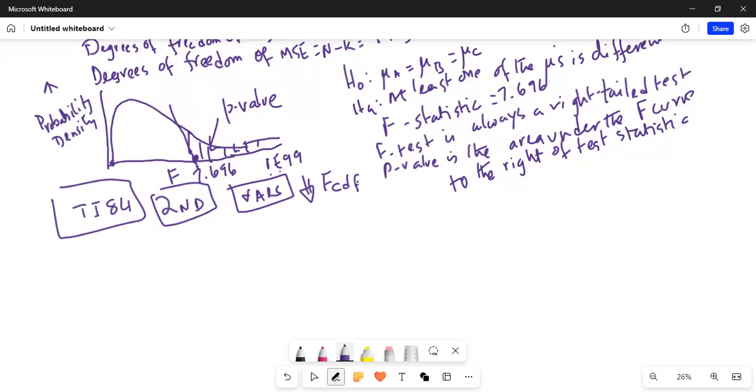Okay. So you will type lower as 7.696 because you are starting from 7.696. Your upper is 1, then E. How do you get E? This is second button and comma. Where is the comma button?